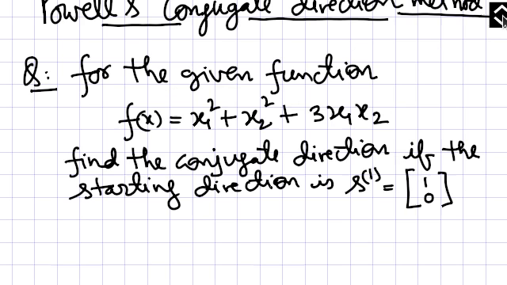A very basic question to understand Powell's method is this: a function is given to you, and a starting direction is given to you. This is the starting direction, and now you have to find the conjugate direction.